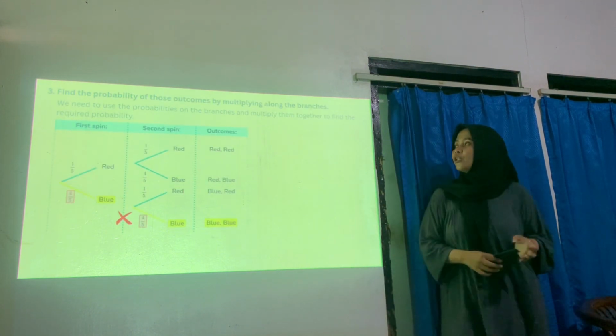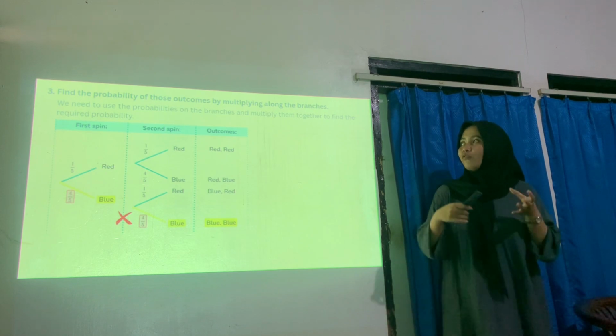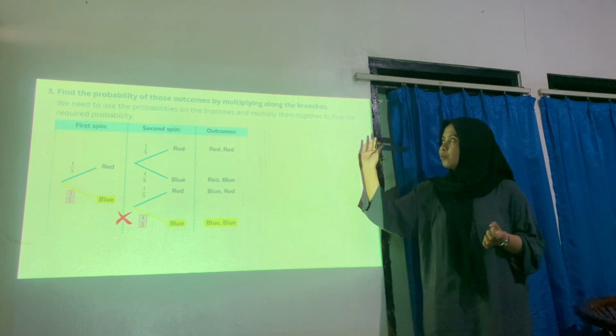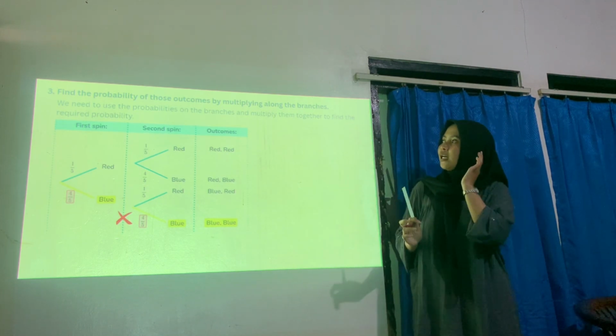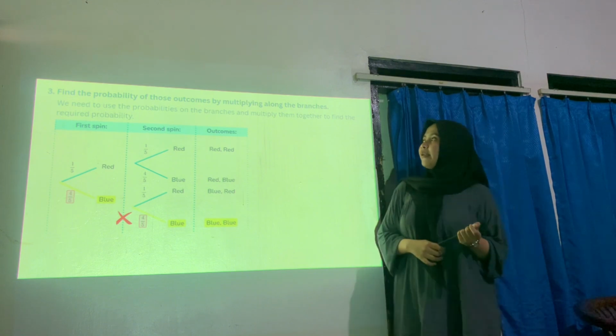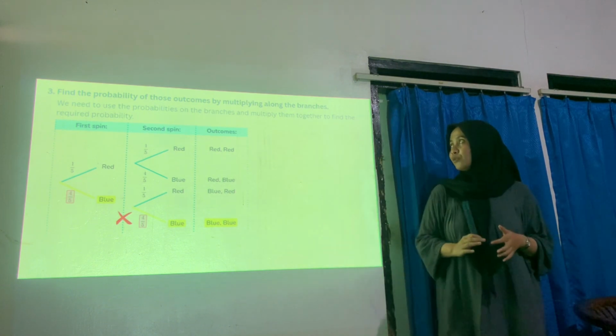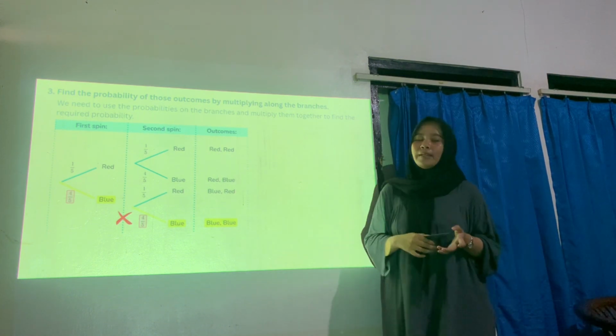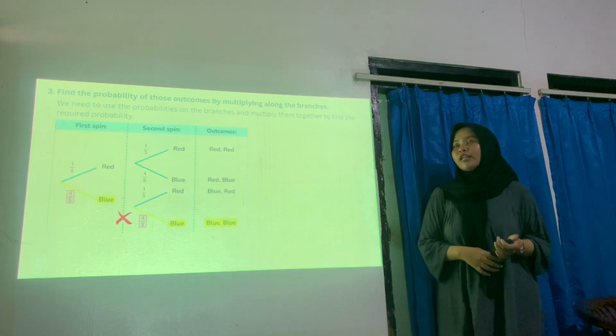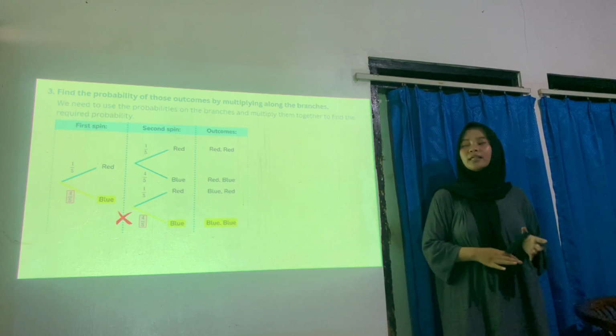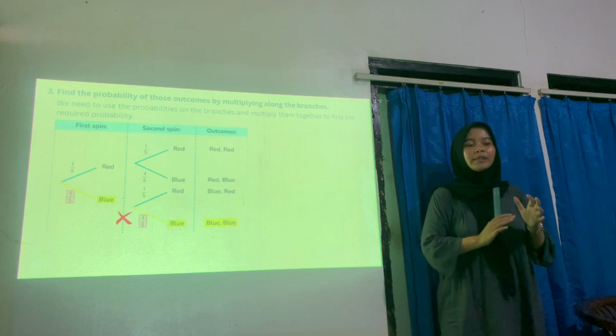And then step 3, we should find the probability of those outcomes by multiplying along the branches. We need to use the probabilities on the branches and multiply them together to find the required probability. We know that in the question we should calculate the probability whose outcome is blue and blue.